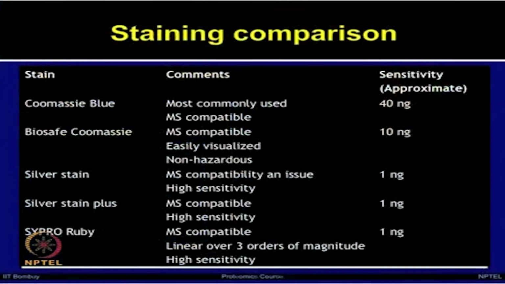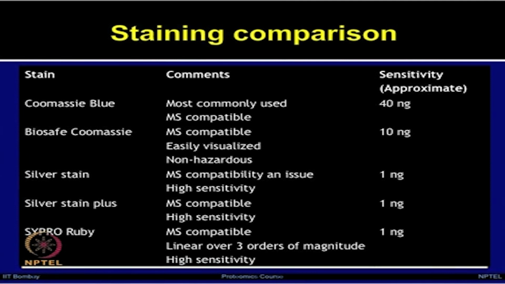So, in a nutshell, here you can obtain information for various stains which are available, their properties and their sensitivity. Please note the sensitivity is only approximate. So, Coomassie blue, that is one of the most commonly used stains which is employed in most of the laboratories worldwide.